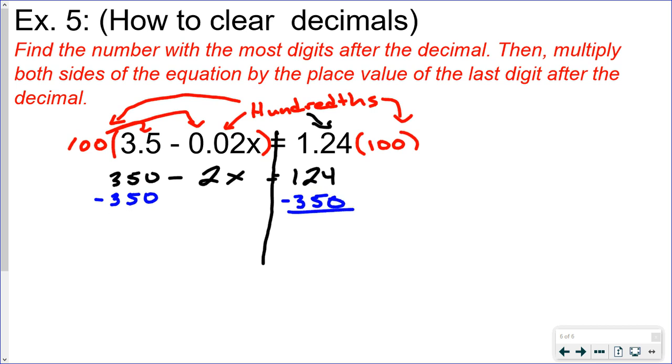So 350 minus 350 is 0. Now this minus sign belongs to the 2x. It doesn't just disappear. So it needs to come down with the 2x. And then 124 minus 350 is negative 226.